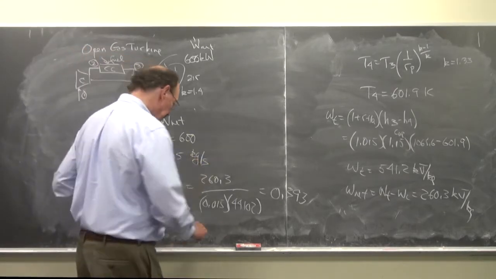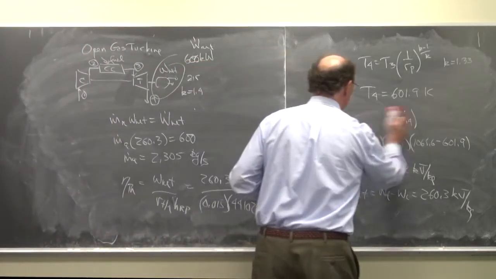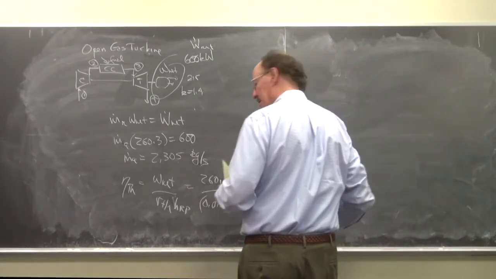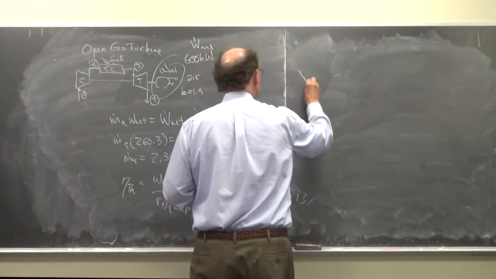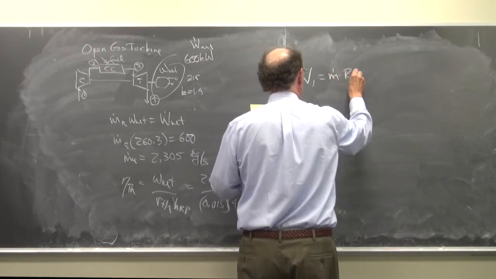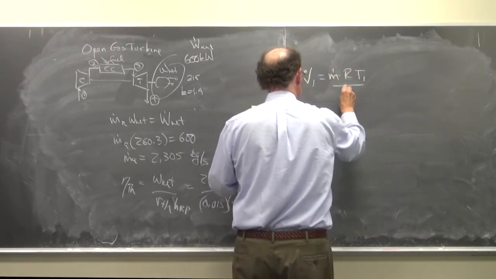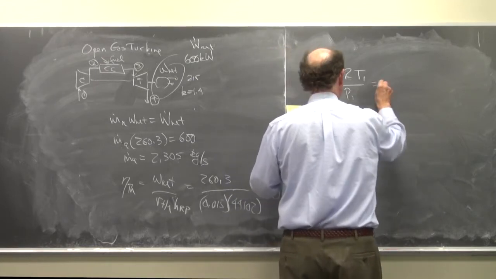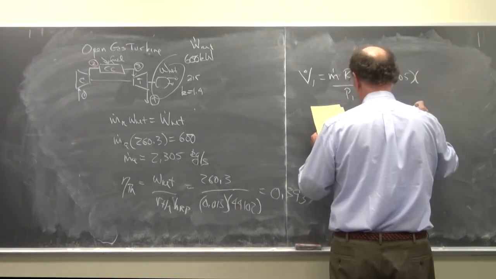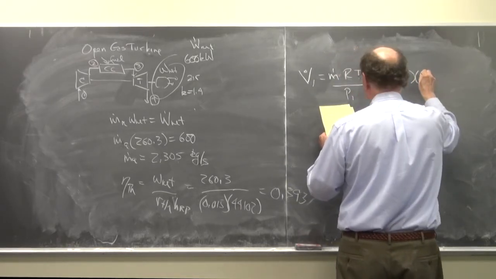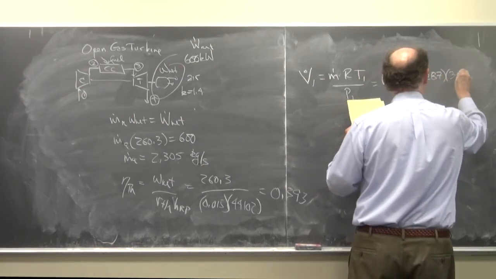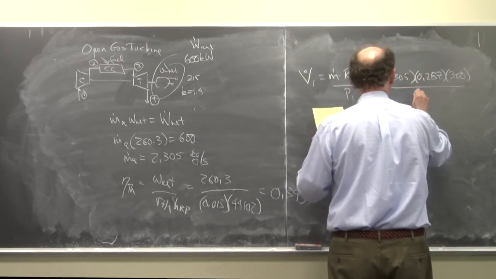And we have the volume flow rate. We have that the volume flow rate, V1 dot, is M dot R T1 over P1, is equal to 2.305 times 0.287 times 300 over 100.